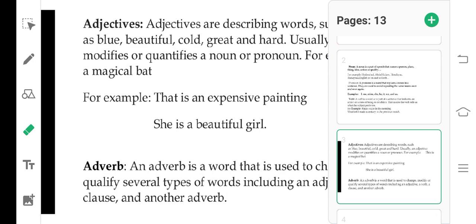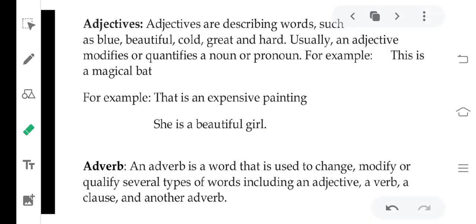Then in this slide we are going to discuss adjectives. Adjectives are describing words such as blue, beautiful, cold, great and hard. Usually an adjective modifies or quantifies a noun or pronoun.